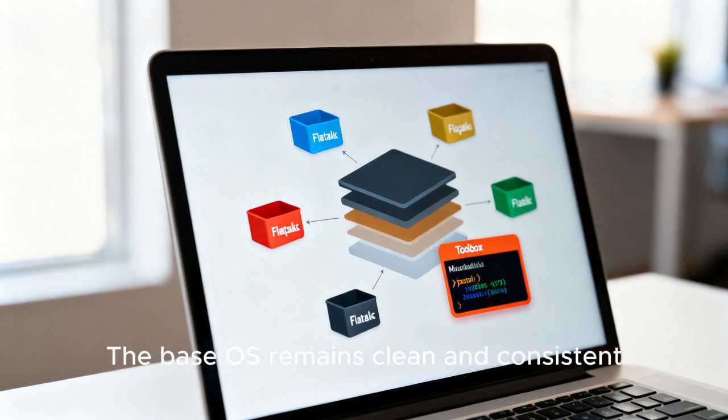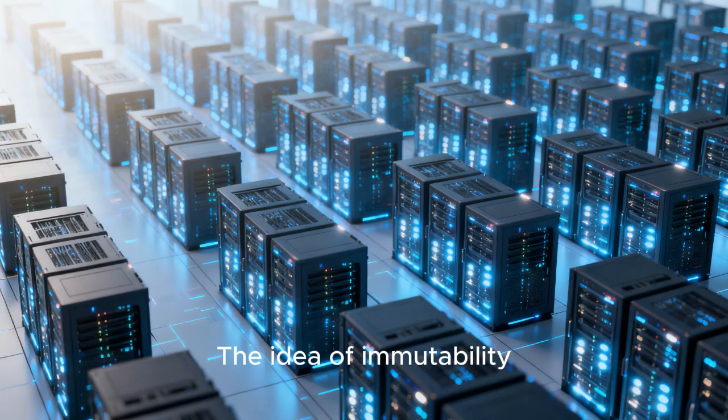The base OS remains clean and consistent, while applications live in their own sandboxed environments. For development tools or custom software that needs deeper system integration, you can use Toolbox, which creates a mutable container environment where you can install packages with DNF, as if you were on a traditional system, without modifying the immutable base.